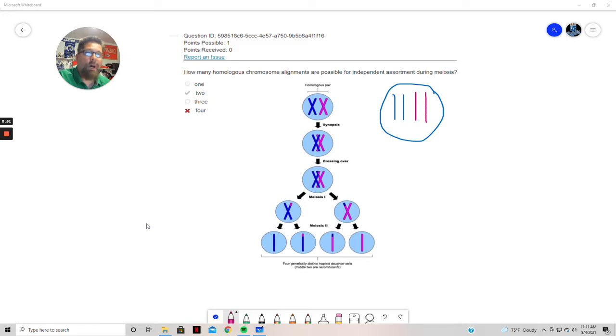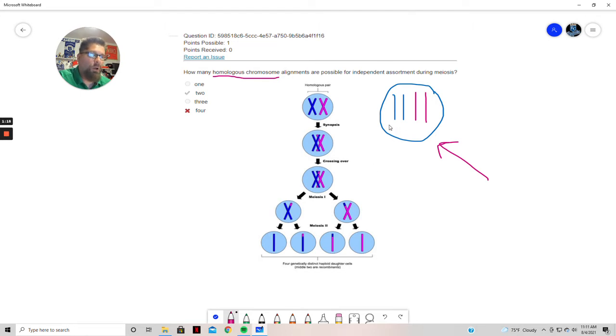So thinking about this question, and again, we've dealt with homologous chromosomes before, but we'll talk about it. This again is our meiosis that we've looked at a couple of times. Now, the one thing that it didn't show, and so I drew it over here, is the interphase going into it, where everything is duplicated.